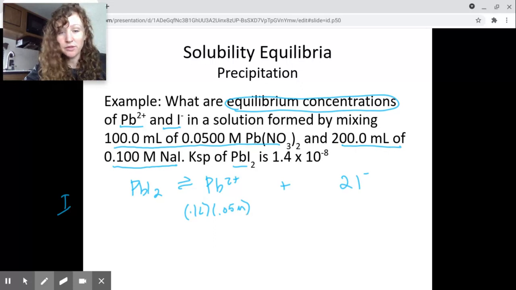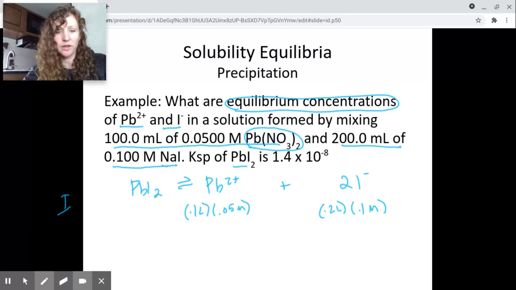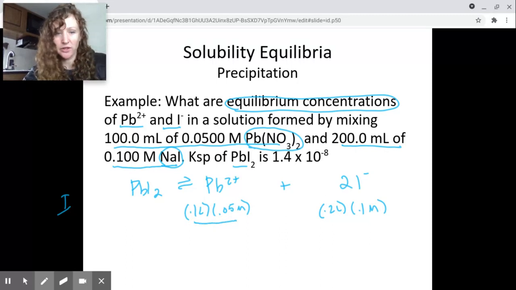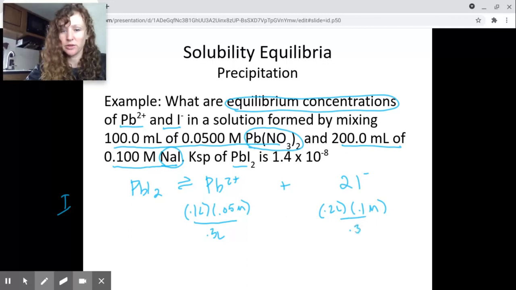That'll give me the moles of Pb2+, and it's 1 compound to 1 lead ion, so that's nice. Okay, now I have 0.2 liters times 0.1 molar NaI, again 1 compound to 1 I minus. Okay, so that'll give me the moles of the iodide. Now I want concentration, so I'm going to divide by the total volume. 100 plus 200 equals 0.3 liters.